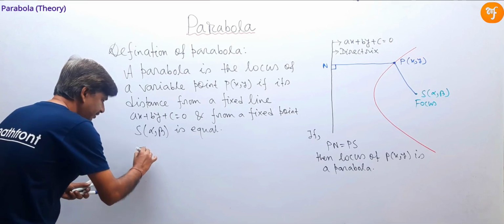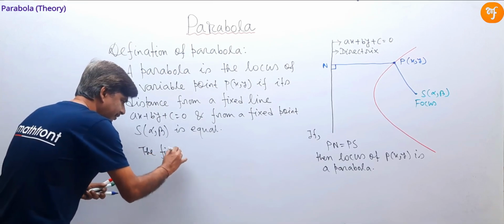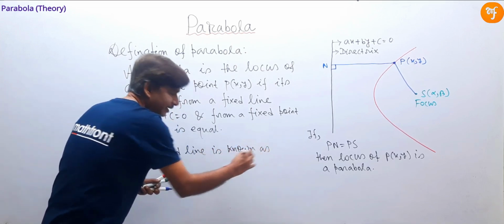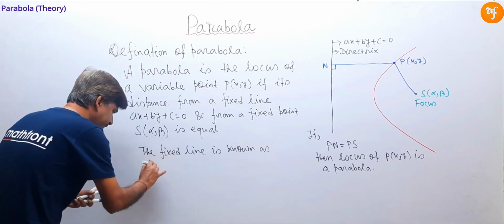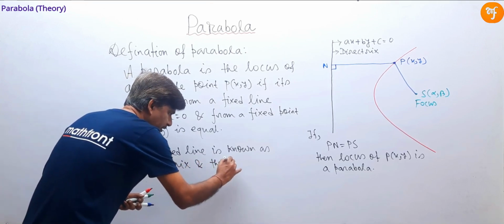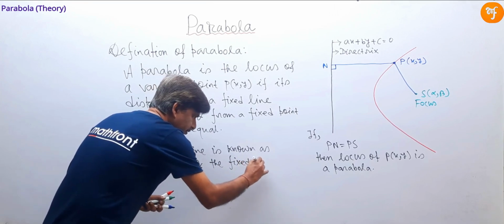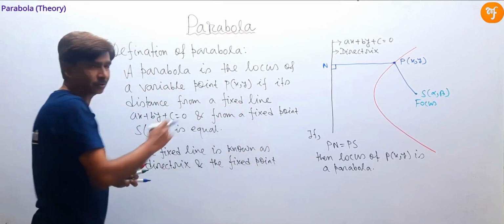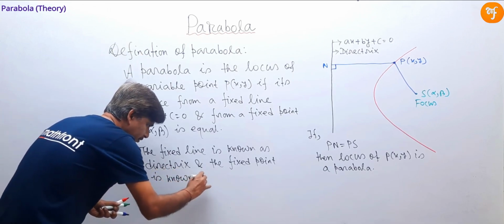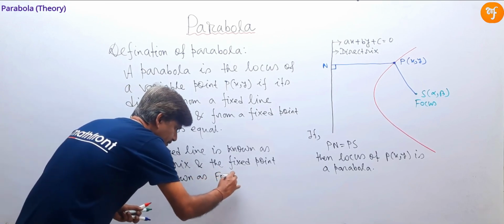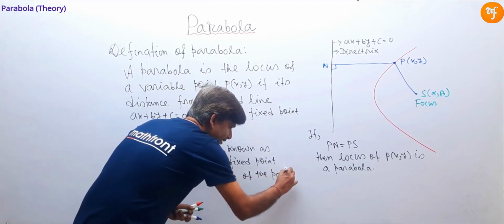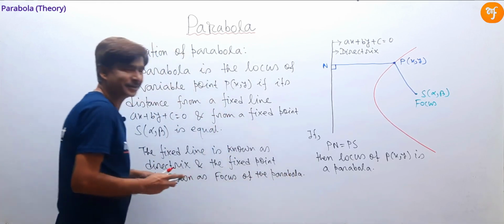The fixed line is known as directrix of the parabola, and the fixed point, which is S, okay, is known as focus of the parabola. Okay, clear? So what did we learn?